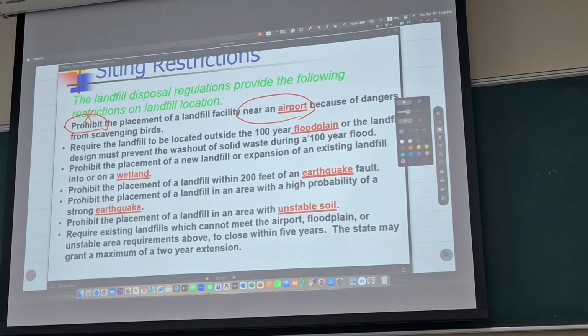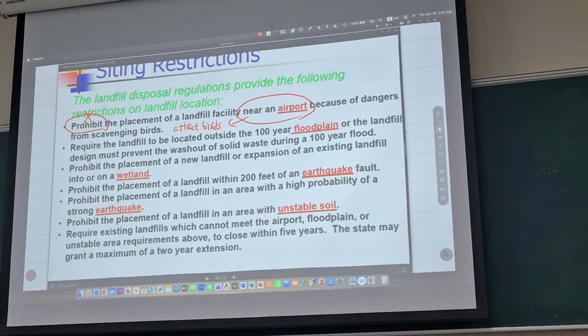There's no way to establish a landfill near an airport. Why? Because those waste, organic waste, will attract birds.